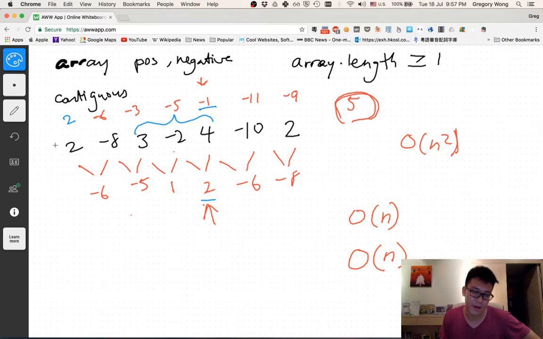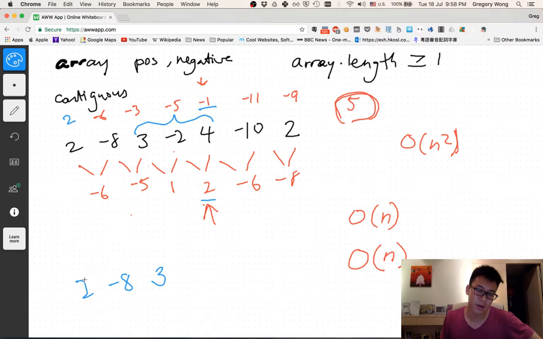So if I picked a positive number, 2, the only reason for me to include the next one, which is a negative number, is if the third number is large enough to make it worth adding.